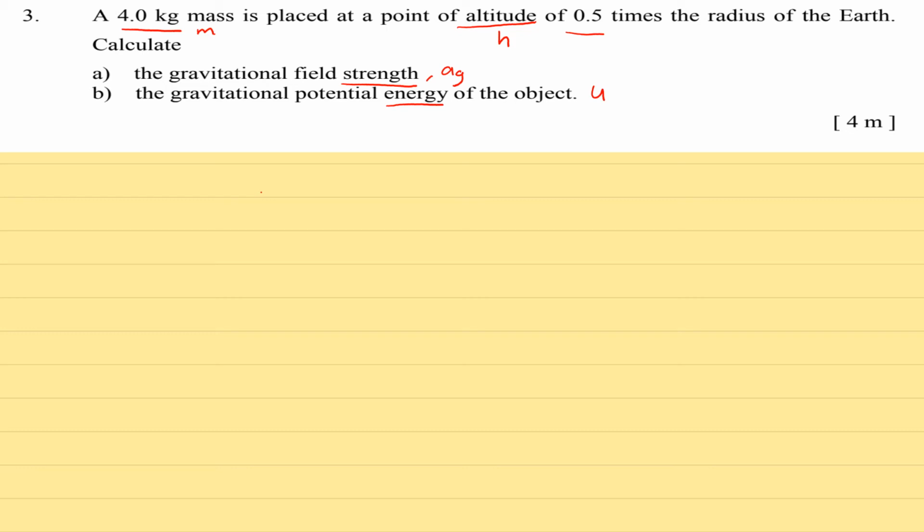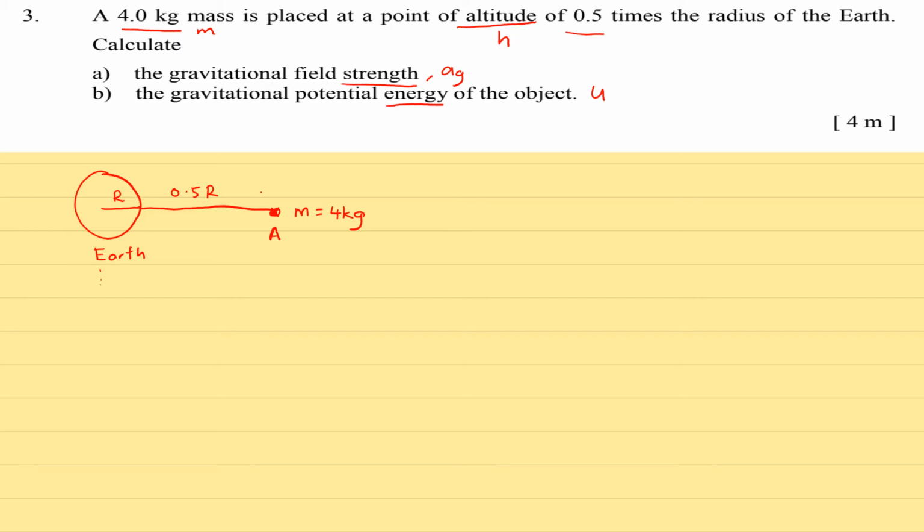So let's say this is Earth. Okay, the distance from the center of the Earth to the surface is R. And let's say this point is A, and the distance from the surface to point A is 0.5 R. So at point A, the mass of the object equal to 4 kilogram.